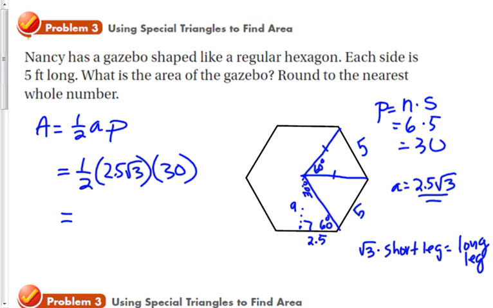And when we multiply that out, we get 64.95. It's an irrational number. We just want to round this to the nearest whole number. So we're going to say it's about 65 square feet in area. All right, you try that.